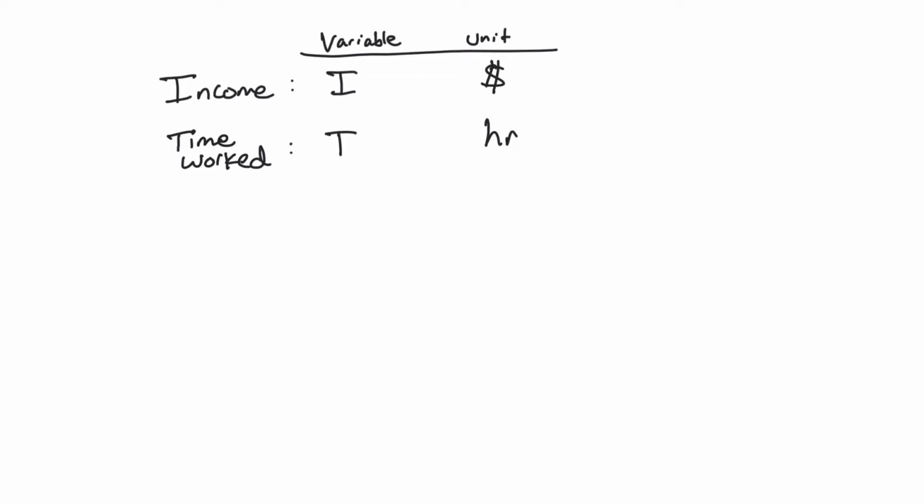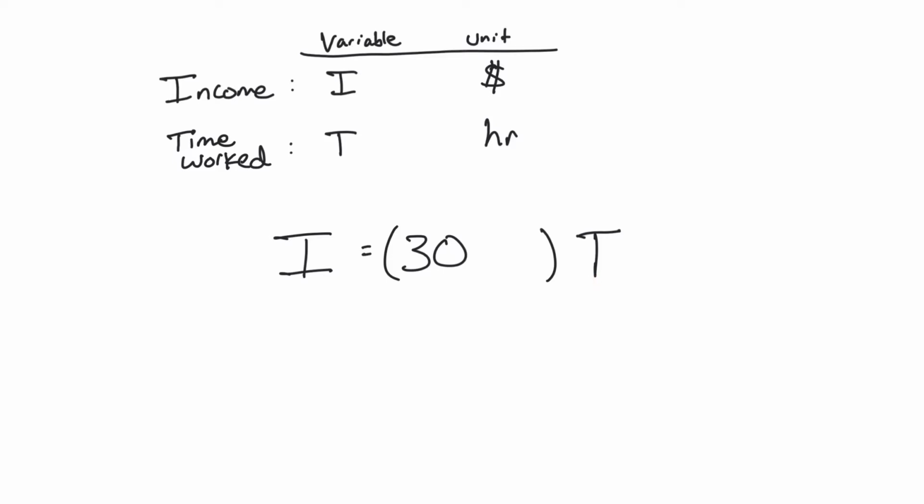All right, well, hopefully you got something, and I'll go ahead and write out a common response. So you might have done something like this. I'm going to leave a little space there. And if you did something like that, you almost got it right, but you've left off one important thing. You in this example have correctly identified that these are variables, I for income, T for time worked.